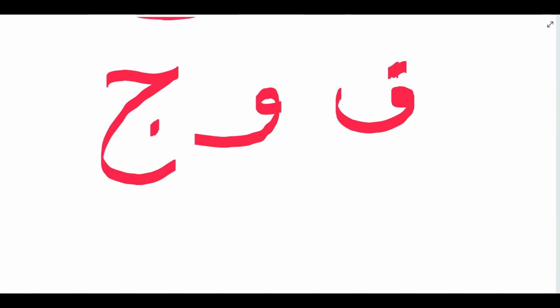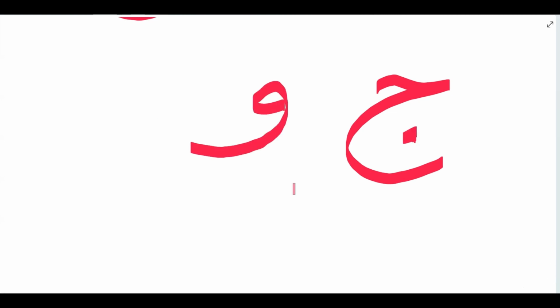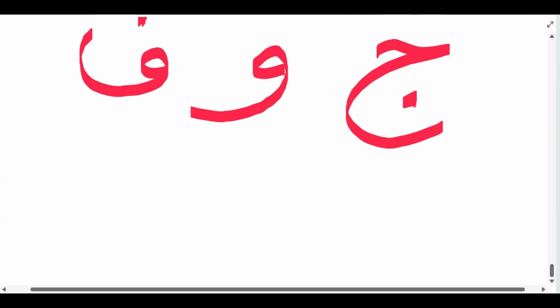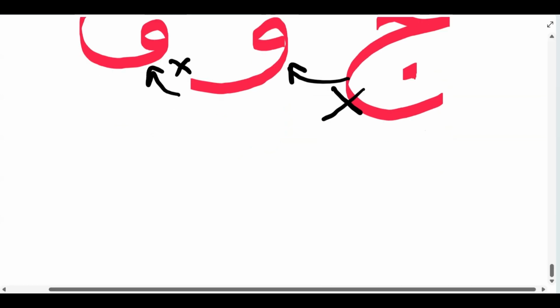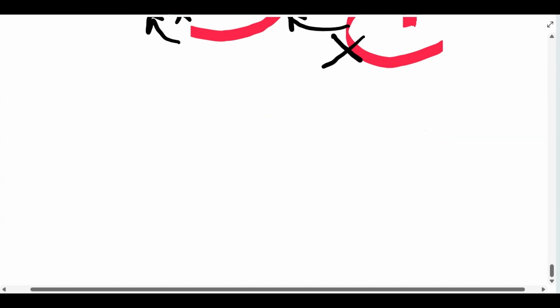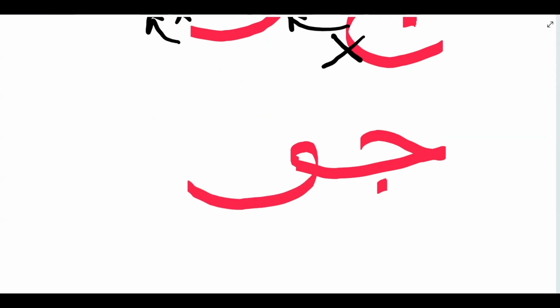Now let's change the order of the letters and make a different word. What if we put the jim first, then the wow, then the fa? In this case, the jim, you can just cut the tail and connect it to the wow. The wow does not connect with the fa, which means the fa is free. So that's how we write it: the jim, j, w, and then the fa is free.